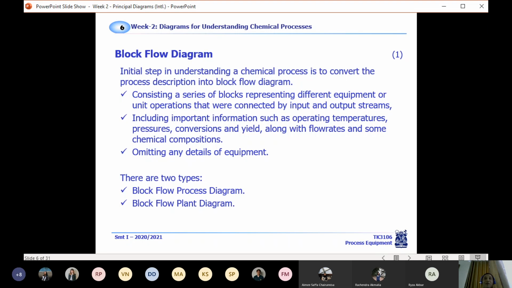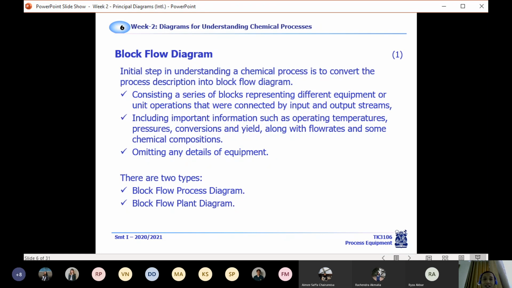So this separation area is called one block. The reaction area is also put in one block, and the second separation area is another block. We don't know what kind of separation that you use. We don't know what kind of reactor or what type of reaction that you use for the reaction area.